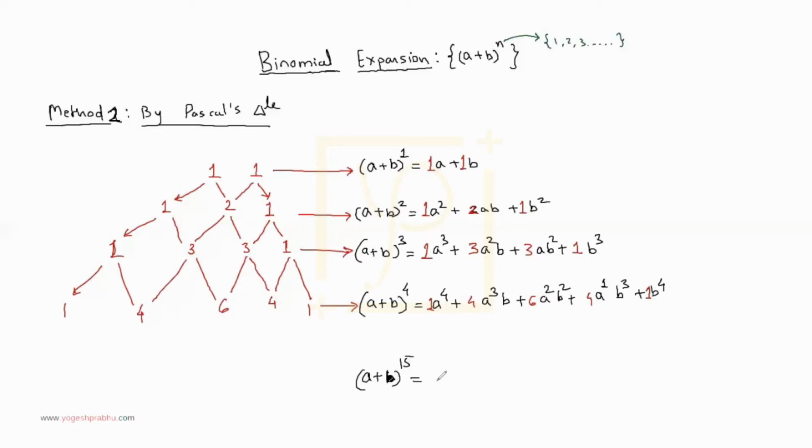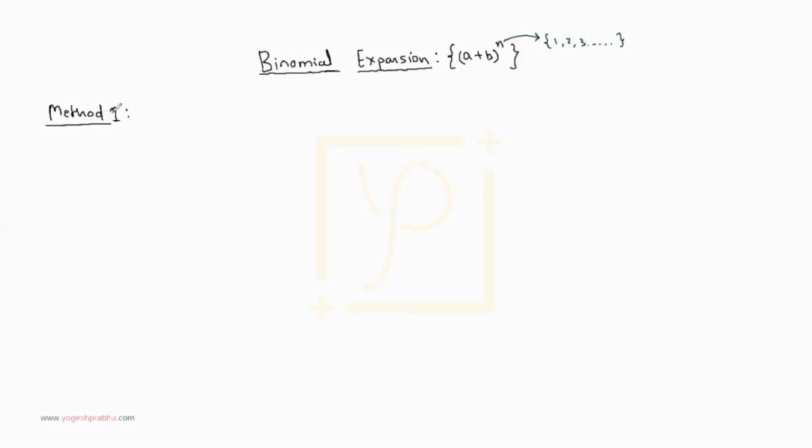So the first method where you multiply 15 times is horrible, but even Pascal triangle is not going to work so well. When you have a bigger power, you really need something smarter, and that's the method called binomial expansion. This is the third method, called binomial expansion, and there is a formula for it.